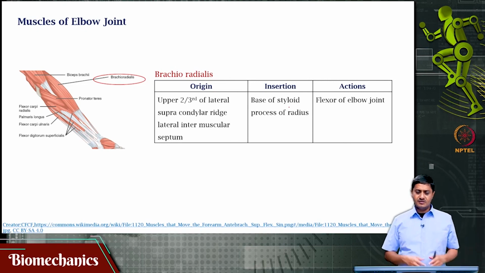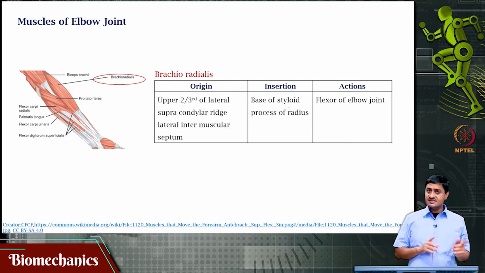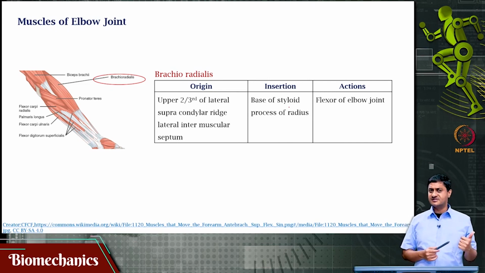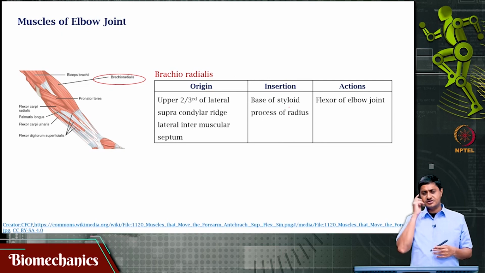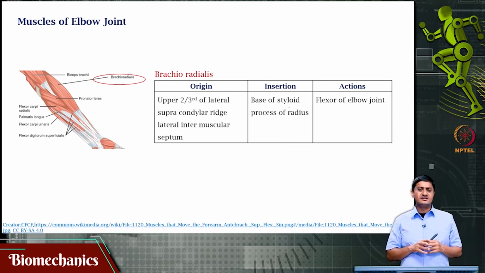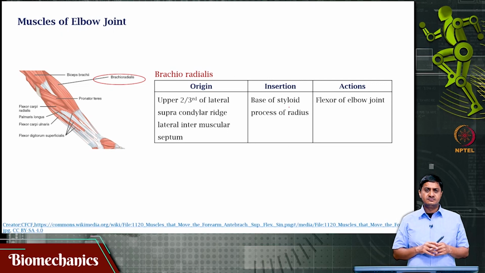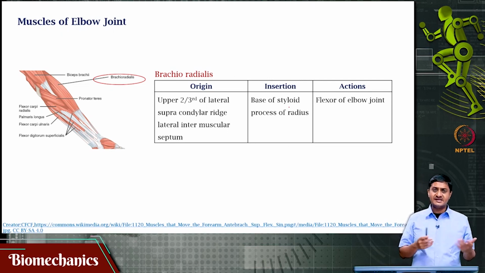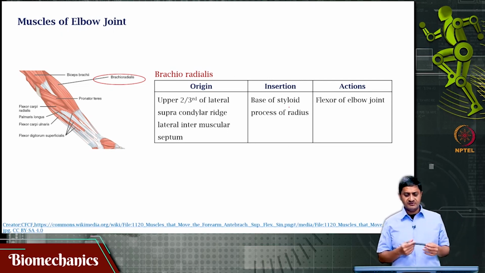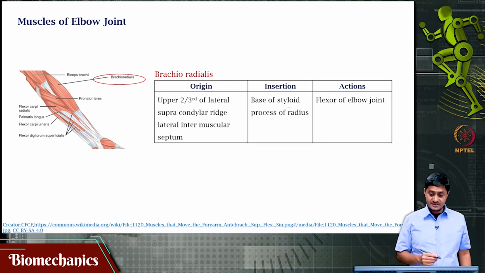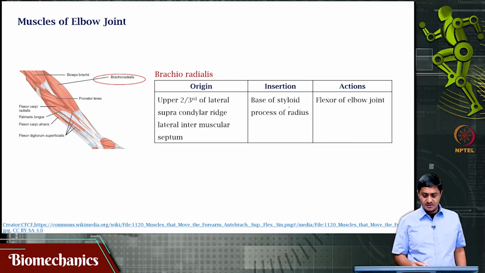Then you have the brachioradialis. This is again a flexor of the elbow joint. What are the other two flexors that we saw that are responsible for flexion at the elbow joint? One is biceps brachii, the other is brachialis. Then you have the brachioradialis.